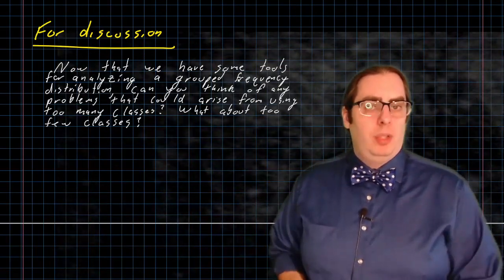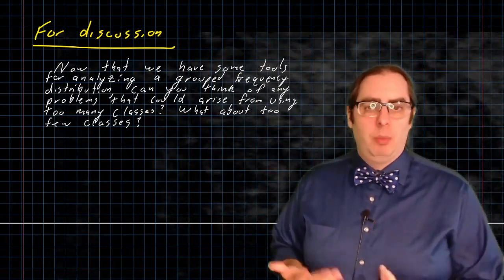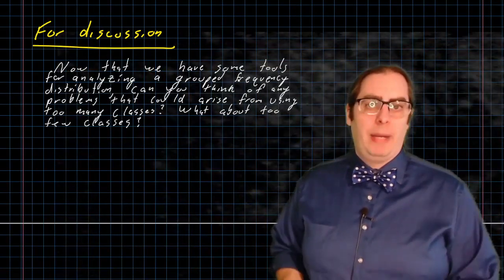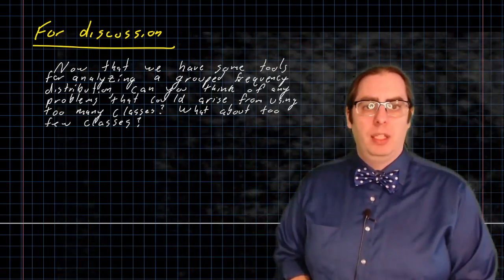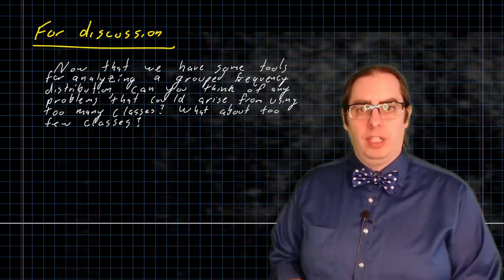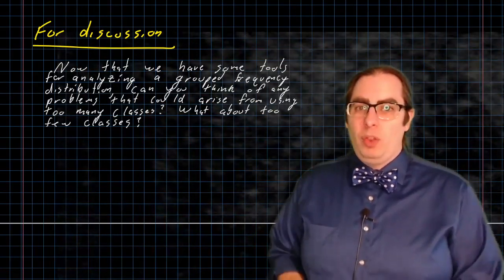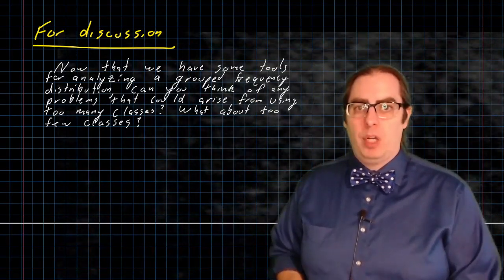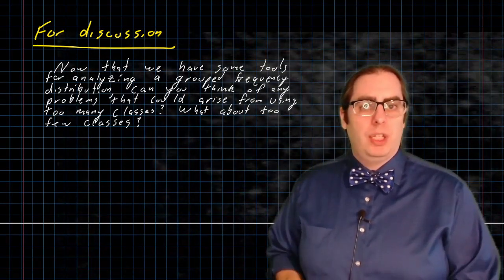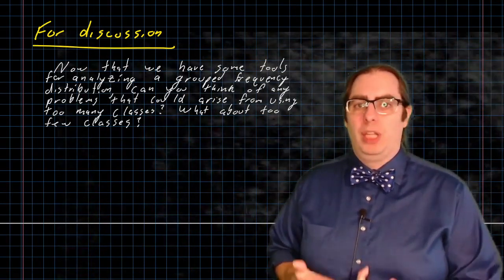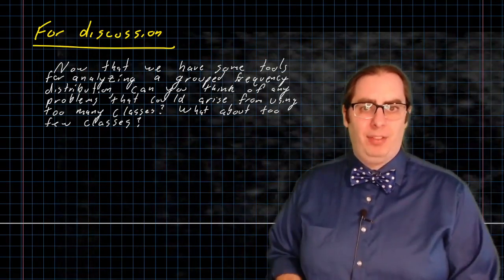Now that we are looking at the shape of a distribution and we have some tools for talking about what a distribution looks like, I want to follow up on that discussion. Can you think of anything that could be a problem if you construct a grouped frequency distribution and you use too many classes?